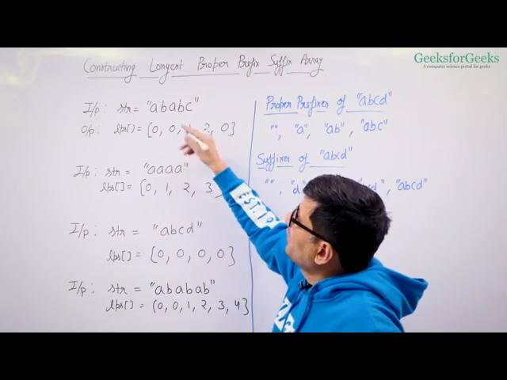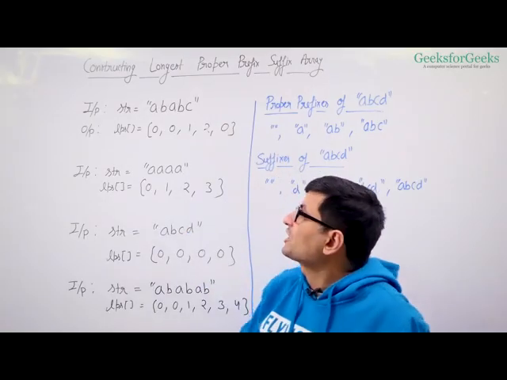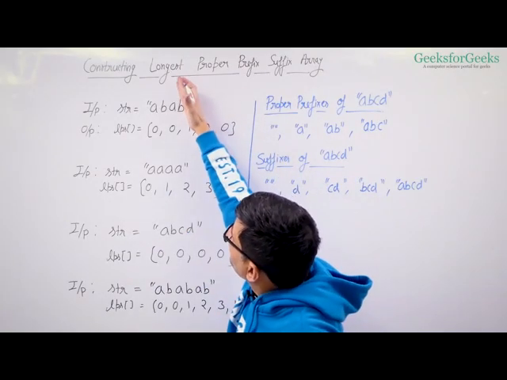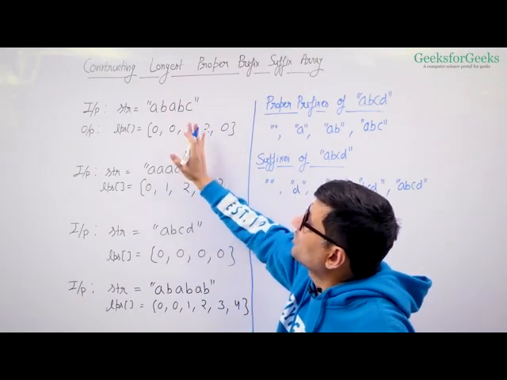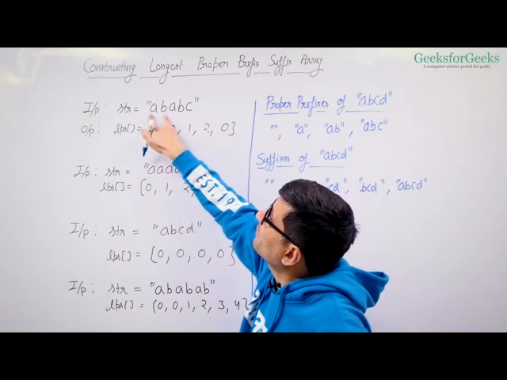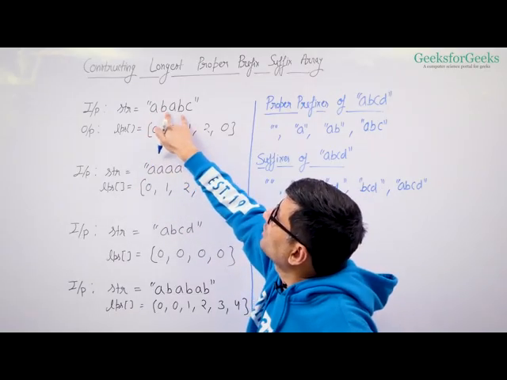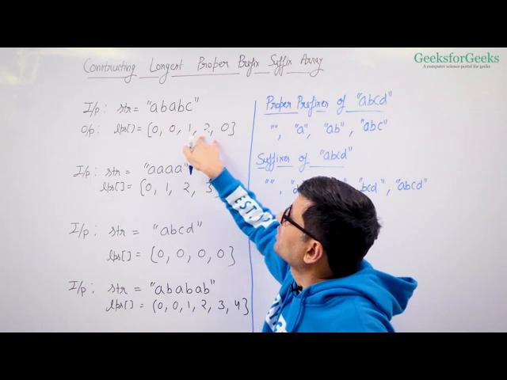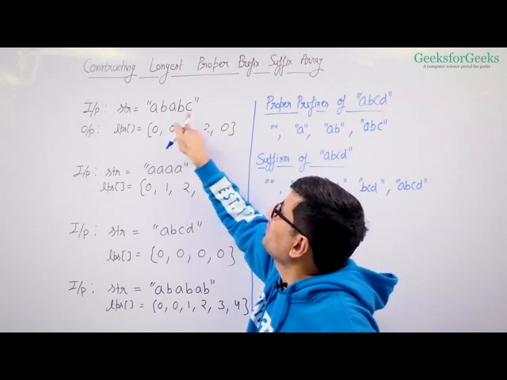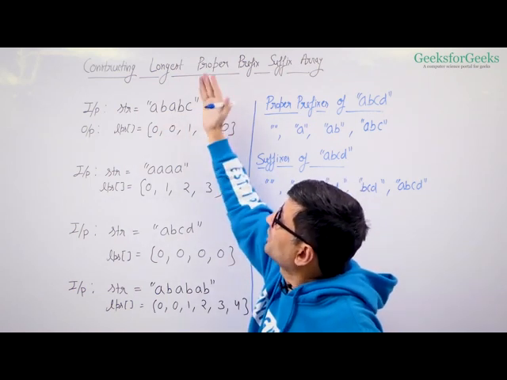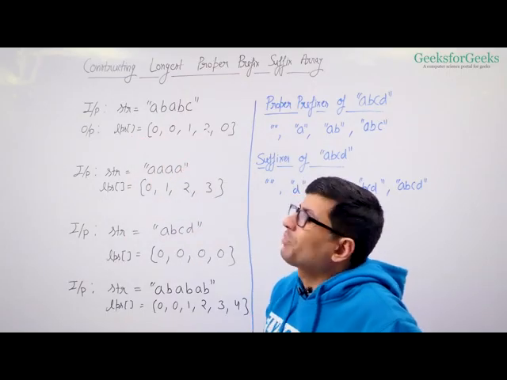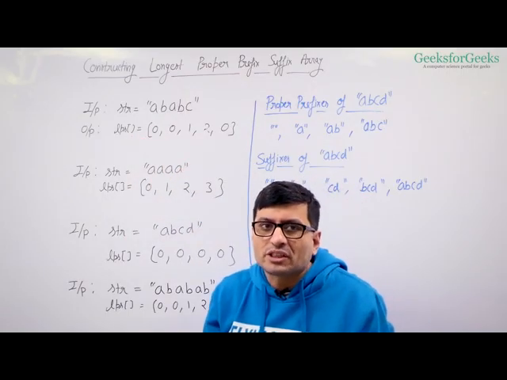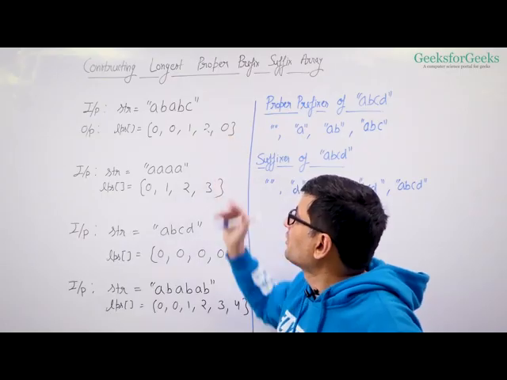So our output is 1 for ABA. Let us now see the next value. For ABAB, our output is 2. You can notice that the longest prefix AB is also a suffix, so our output is 2. For this ABABC, the last entry for the whole string, do you find any proper prefix which is also a suffix? No, so our output is 0.